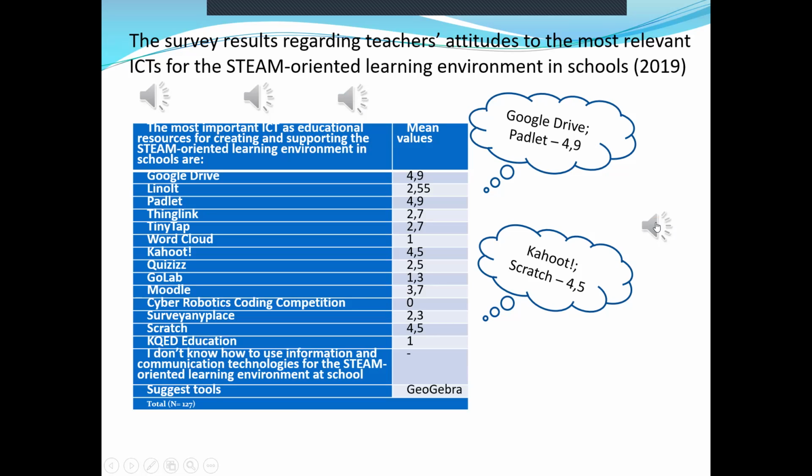The table demonstrates that teachers usually use information and communication technologies for creating and supporting the STEAM-oriented learning environment at school when performing general class activities, such as teamwork and collaborative communication: Google Drive, Padlet, Moodle. Also, they use ICTs for assessment: Kahoot, Quizzes, but rarely for specific purposes: GoLab, Cyber Robotics Coding Competition, KQED Education.